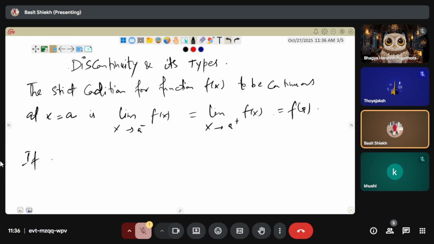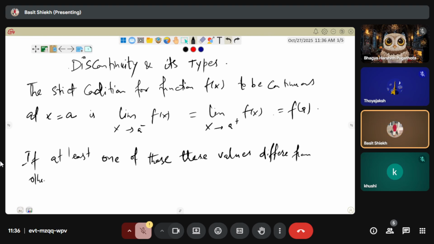If at least one of these three values differs from the others, or at least one of them does not exist, we have discontinuity.